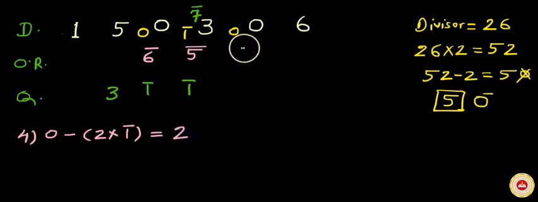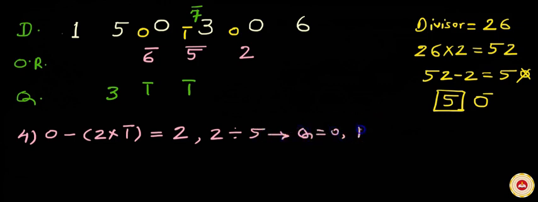This plus 2 is third osculation number. Now divide this 2 by 5. This 5 is negative osculator, which gives us quotient 0 and remainder 2.